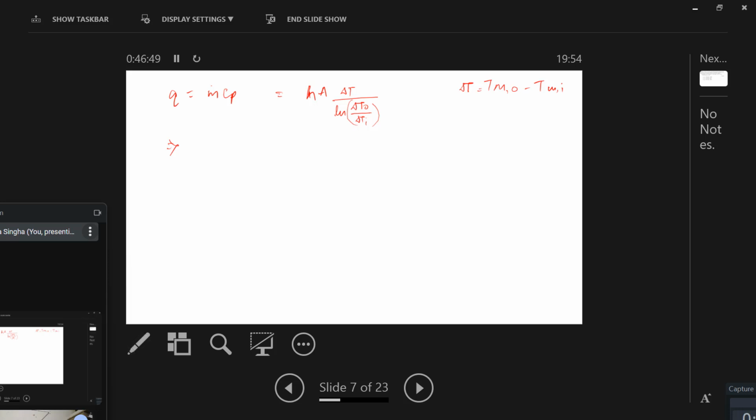If we cancel this out, it should become m Cp ln of delta T naught divided by delta Ti is equal to h into pi d L. So L gives m dot Cp ln of delta T naught divided by delta Ti, whole divided by pi d h.